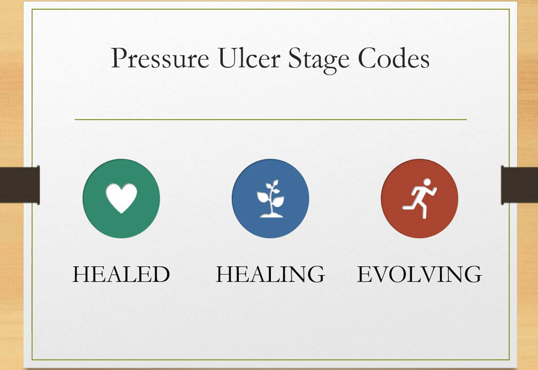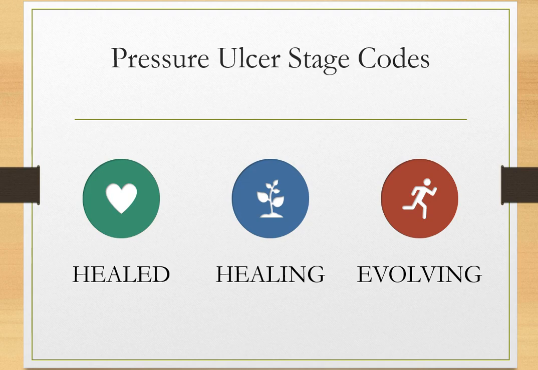Lastly, as it relates to healing, if ulcers were present on admission but healed at the time of discharge, you're going to assign the code for the site and the stage of the pressure ulcer at the time of admission.